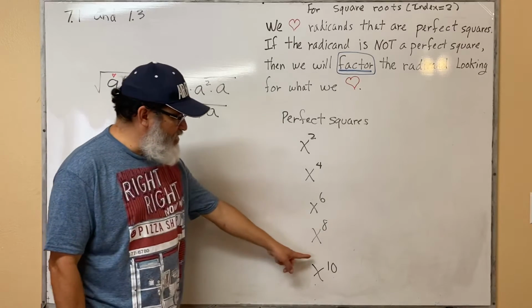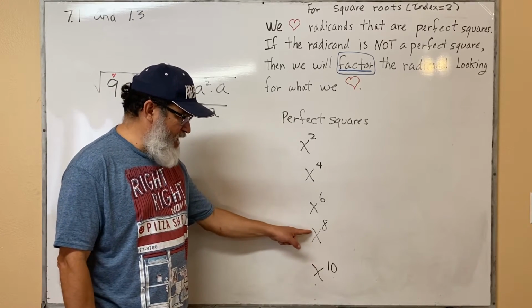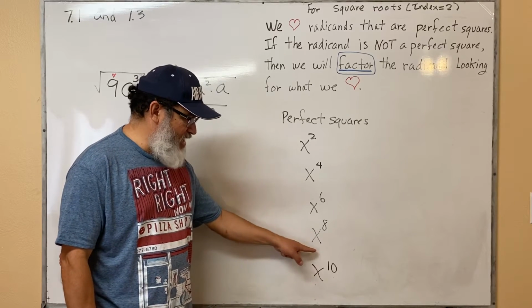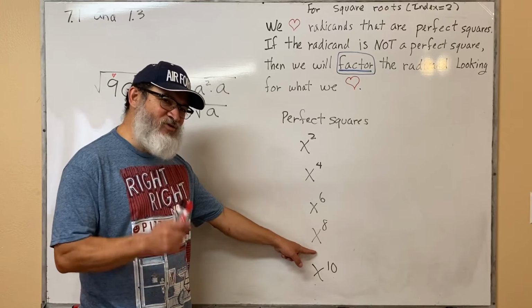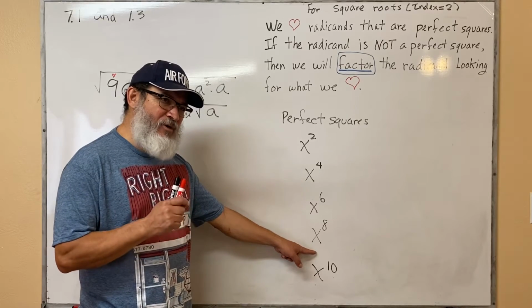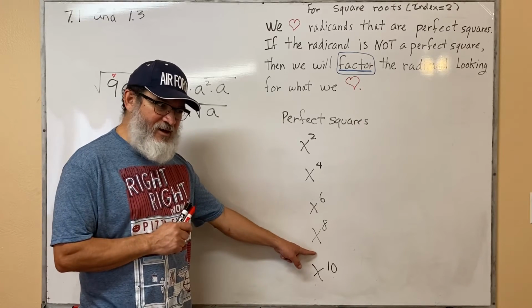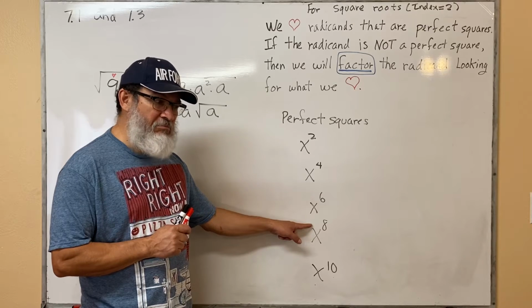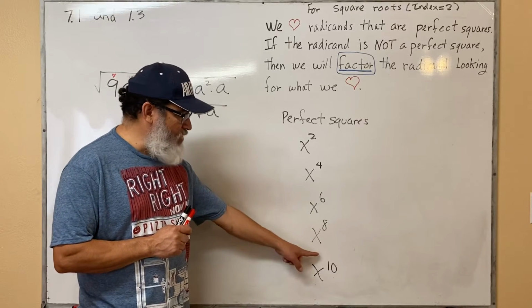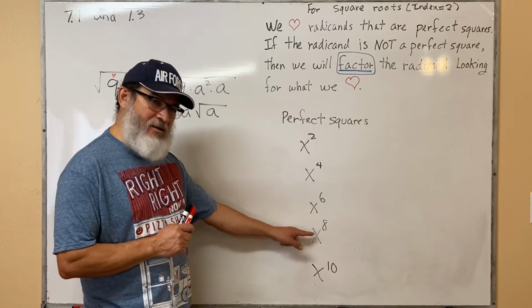Look, a to the 9th is right here in between. This is a to the 8th and a to the 10th. A to the 9th is there. So what I'm going to do is factor a to the 9th, trying to get what I love. And what I love is a to the 8th. I'm going to use a to the 8th.